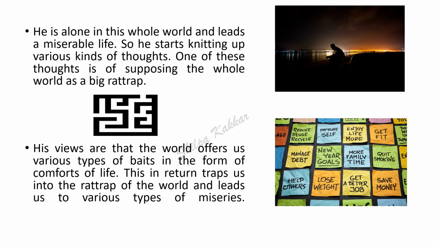His view is that the world offers us various types of baits in the form of comforts of life. Bait means attraction. We have different types of attraction in life. As we get attracted, we fall prey to it. In return, it traps us into the rat trap of the world and leads us to various types of miseries.